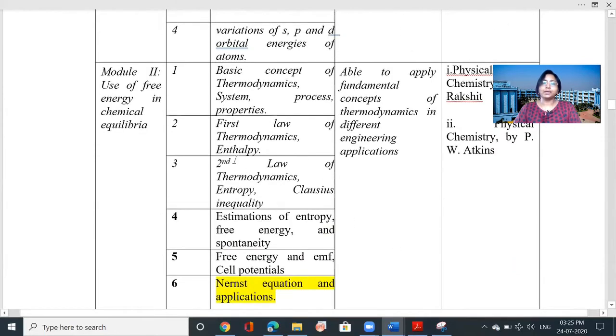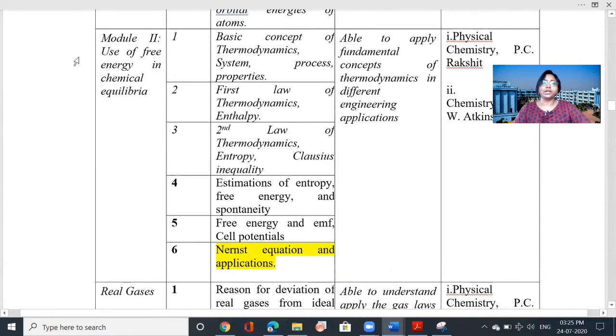Here I have started Module 2, that is, the use of free energy in chemical equilibrium. So the use of free energy is an important part.